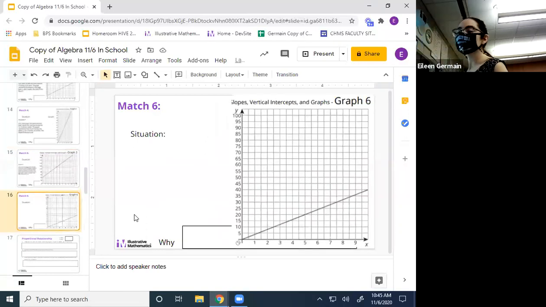Now, let's see, Cindy at home. What about this graph right here, graph number 6? Is graph number 6 proportional or non-proportional? Throw it in the chat for me. Let's give Cindy like 30 seconds. Perfect. She said it's proportional. And why is it proportional, Kyle?